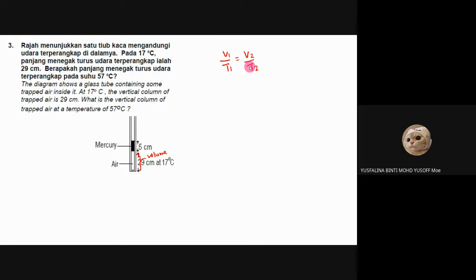So remember, change first the degrees Celsius to Kelvin before you put in the formula. You got 33 cm cubed. So V1 is 29, right? And then after that it says when the 17 degrees Celsius, so it should be 290 here. Change to Kelvin.